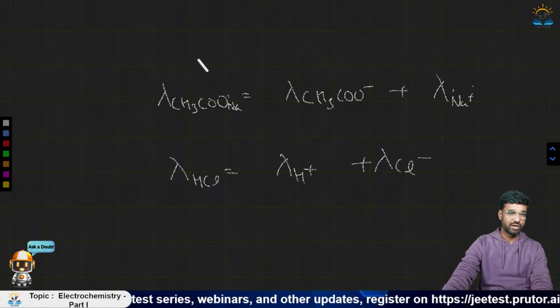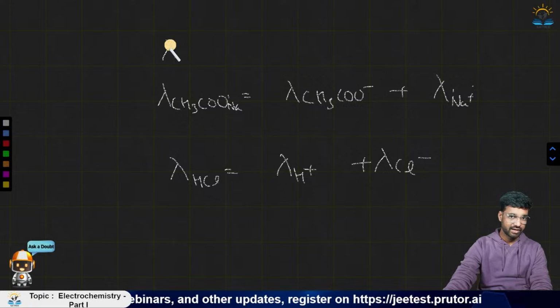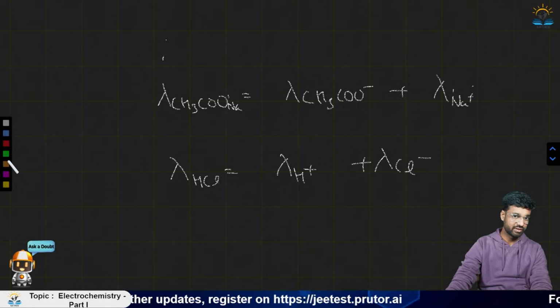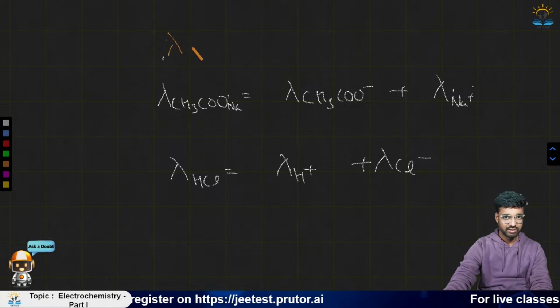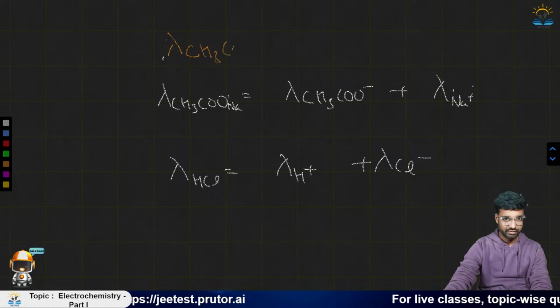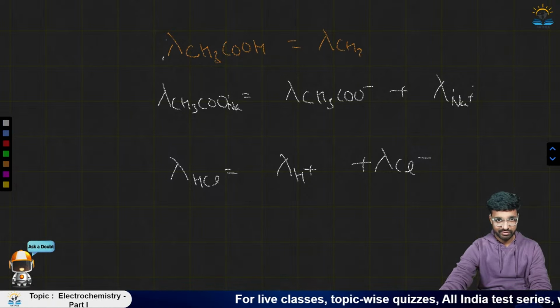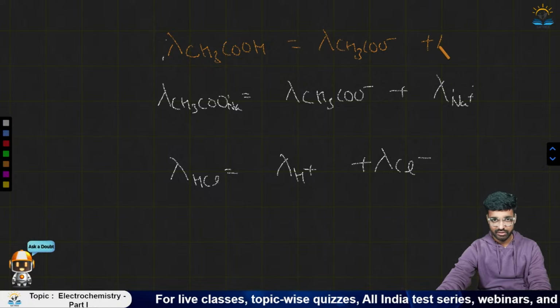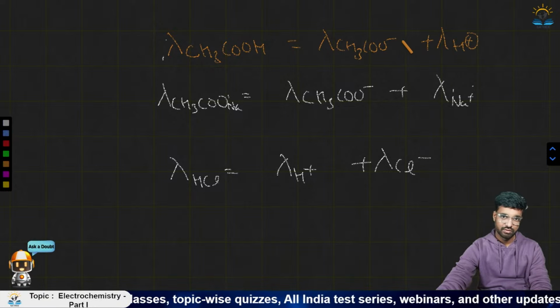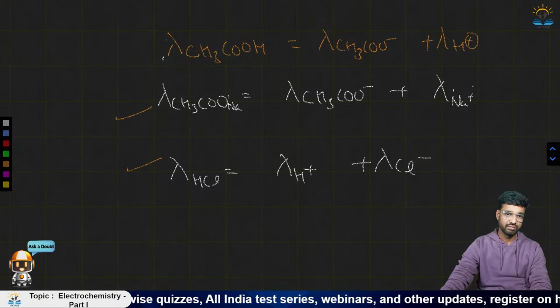What we need to find is CH3COOH, so it will be lambda of CH3COO minus plus lambda of H plus.